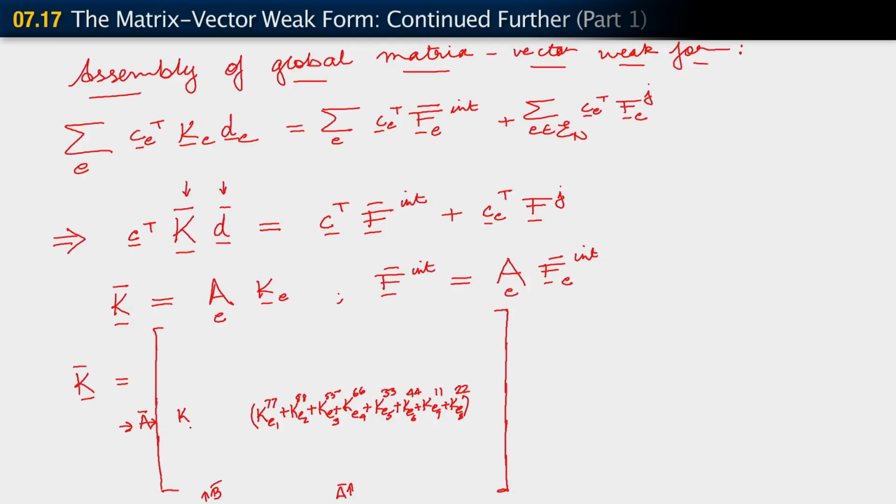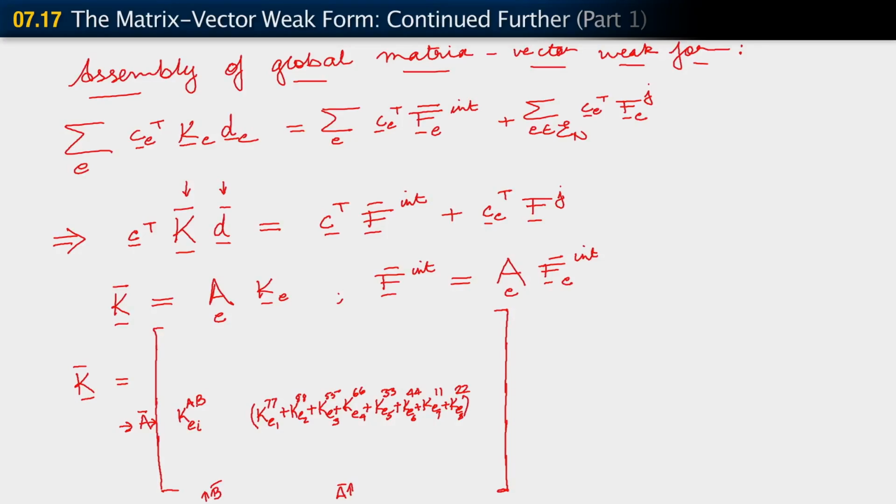Let's suppose that this came from some element E_I. Now let's suppose that in element E_I, the A bar global degree of freedom corresponded to the local A degree of freedom, and the B bar global degree of freedom corresponded to the local B degree of freedom.